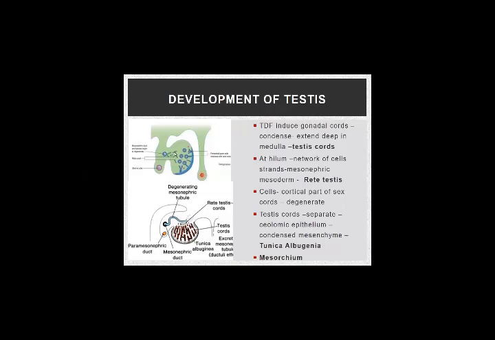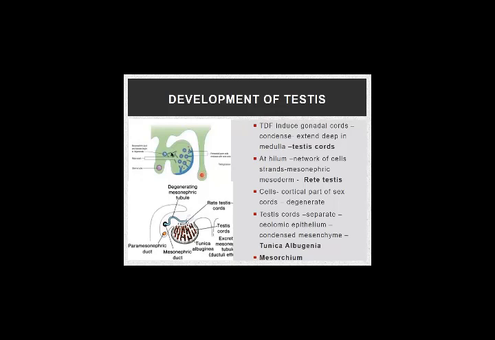Now, at the hilum, there is a network of cells. ये जो network of cells है, they develop from mesenchyme, mesonephric mesenchyme. ठीक है? This mesonephric mesenchyme gives rise to a number of cells. These cells form pods, an anastomosing network of pods.